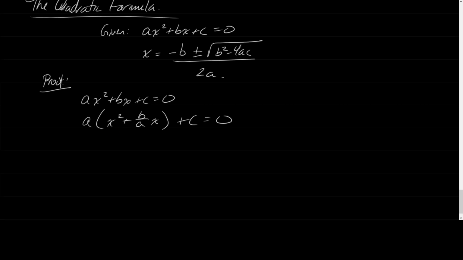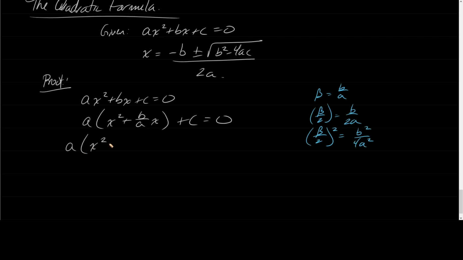In there, I'm going to say, well, let my beta be equal to b over a. And what I care about is beta over 2, which is b over 2a. And what I care about more right now is b over 2 squared, which would be b squared over 4a squared. And I'm going to use that to add 0.